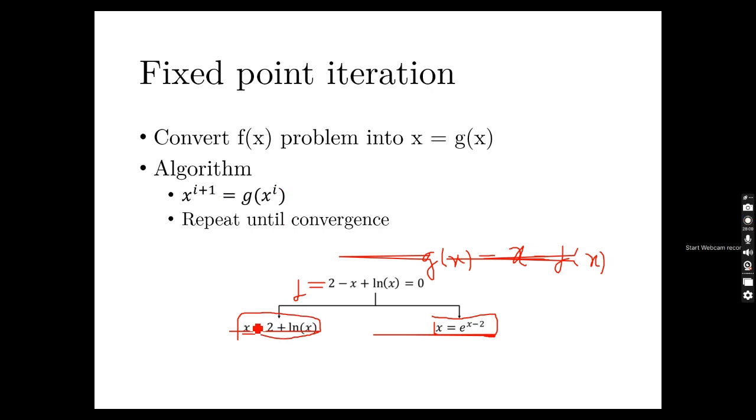So in this case, we will initialize our x with some value, let's say 1. We will evaluate this 2 plus log 1, and then we will store this in x. Whatever x value we get, we will again use that new x value to evaluate g(x) again.